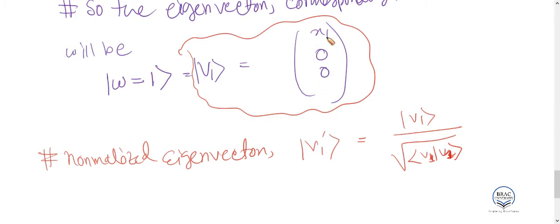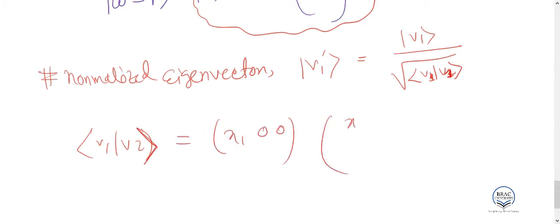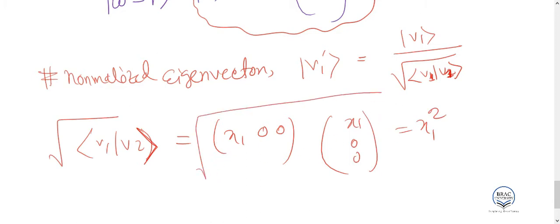Or you can just leave x1 as it is, and then if you calculate the inner product, this will be just x1 squared, and if you take a square root of this whole thing, this is just x1.